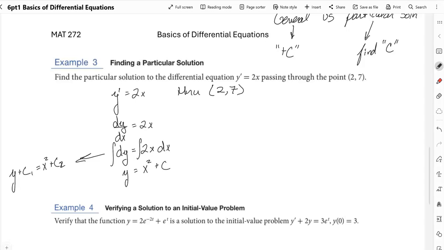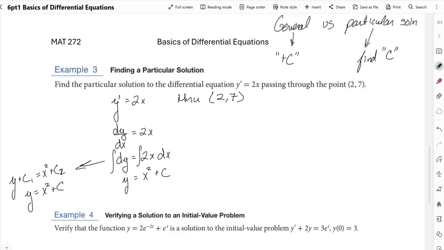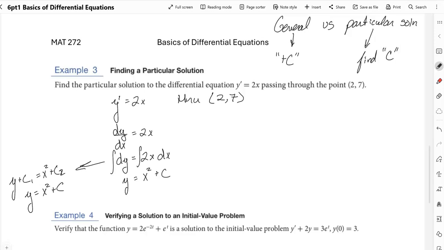I'll call it c2. So we could move the constants to the other side. And if I have a constant minus a constant, it's still a constant. I don't know what it is, so I can just call it C. So it's really not necessary to put the C on both sides because you can always combine them by adding or subtracting them. So now the question becomes, what is C?